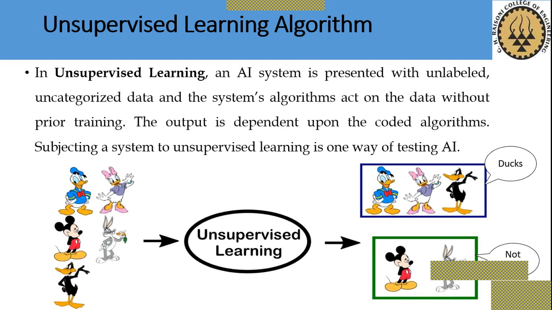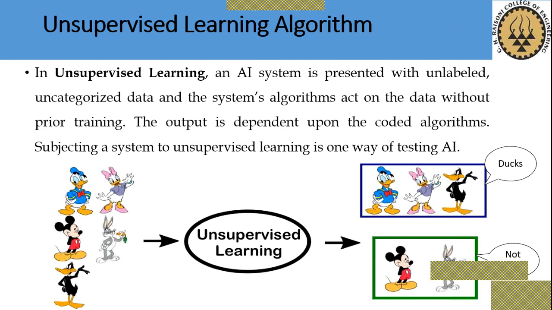So the basic difference between the supervised and unsupervised machine learning algorithm is that in a supervised learning algorithm, whatever dataset you provide is a labeled dataset. It means you are providing data with its proper category. While in unsupervised learning, the data you are providing is unlabeled, unstructured, uncategorized.